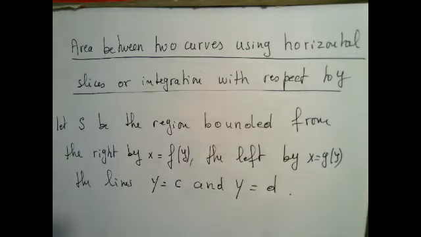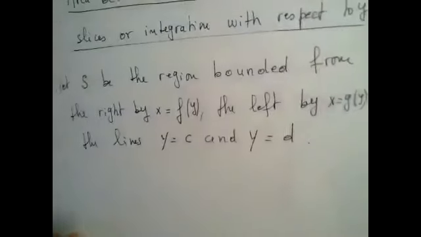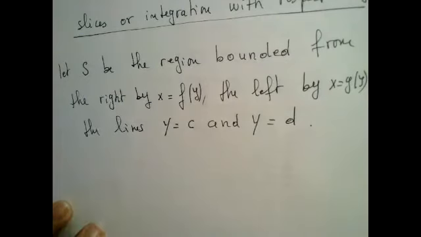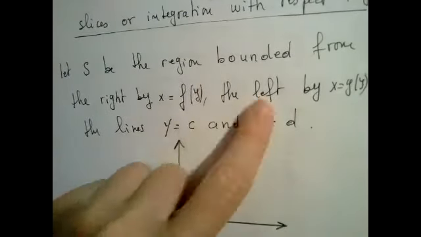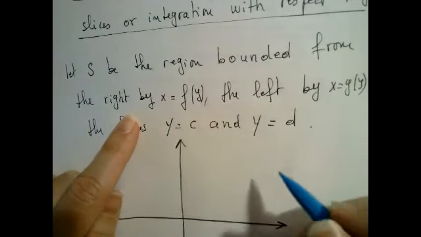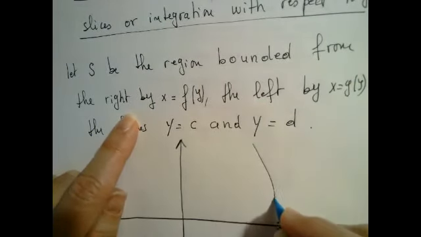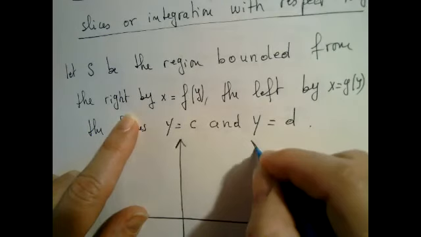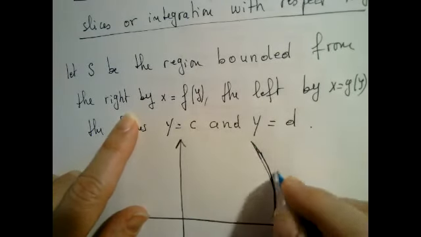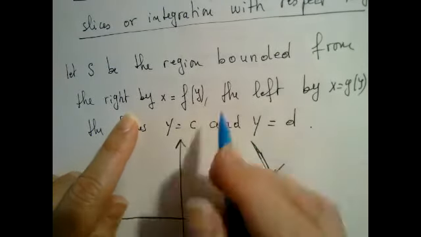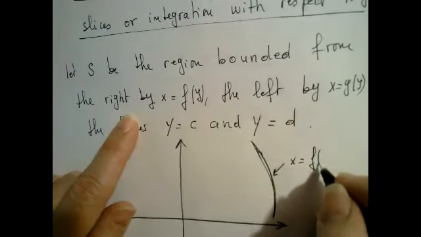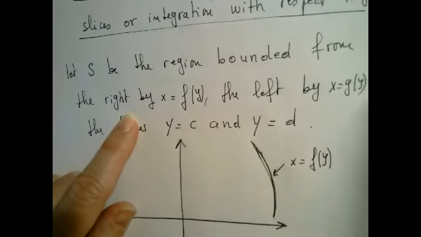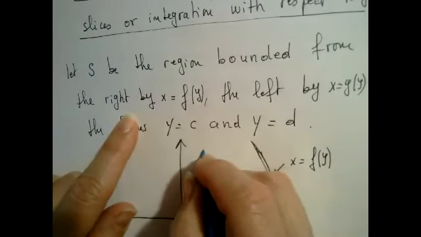So very different, look at my graph. So I will draw the graph here. Okay. It's bounded from the right by x equal f of y. That's the right boundary. The left by x equal g of y.